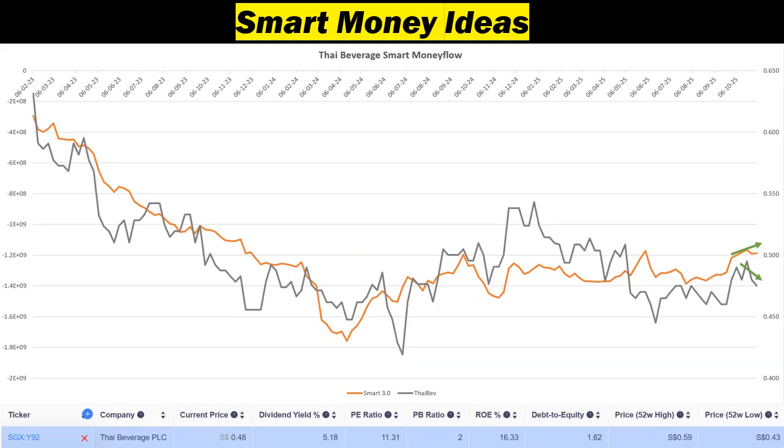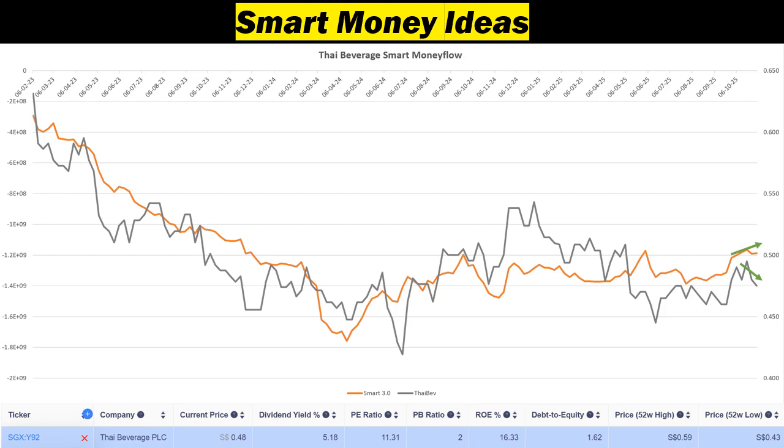For Thai Bev, since the start of the year, the share price has been quite uneventful, coming down slightly and mostly moving sideways, trading between 45 cents and 50 cents. When we look at the smart money chart, the orange line, we can also see that there isn't much buying, as the smart money has also been moving sideways.